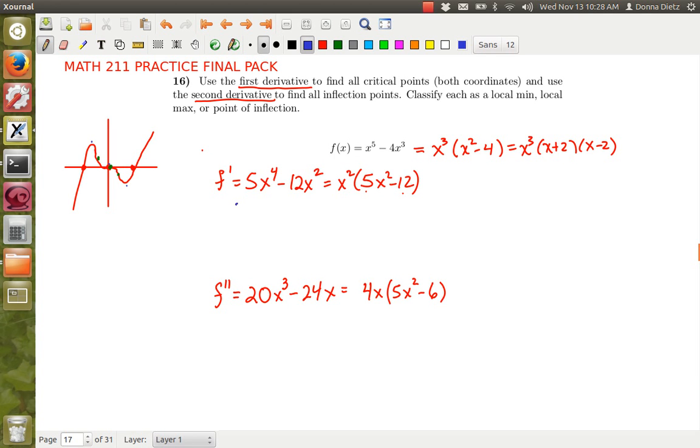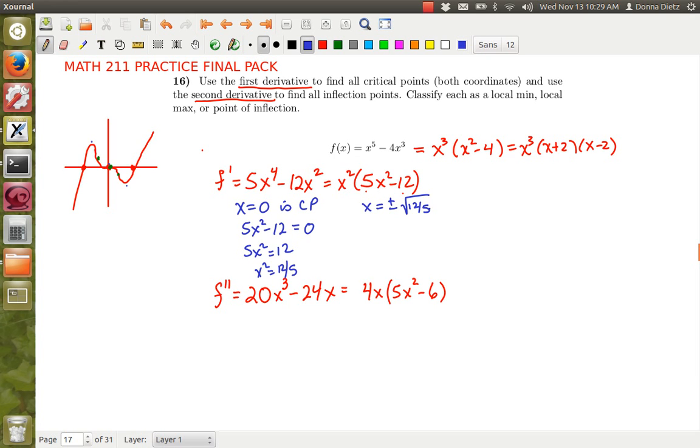Okay, so x equals 0 is a critical point. And then 5x squared minus 12 equals 0 is 5x squared is equal to 12. x squared is 12 over 5. x is equal to plus or minus square root of 12 over 5.